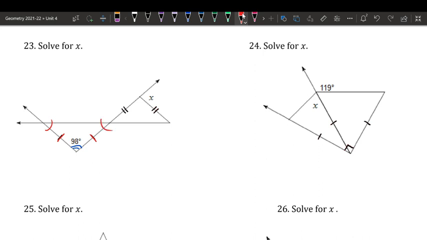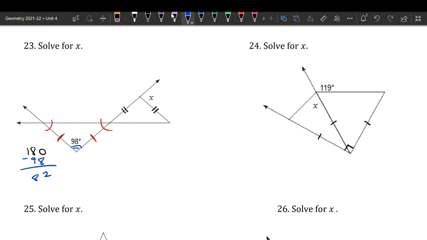And if the vertex angle is 98, and all triangles have a total of 180 degrees, so if I started with 180, and I took away what I know, the 98, that's 82.